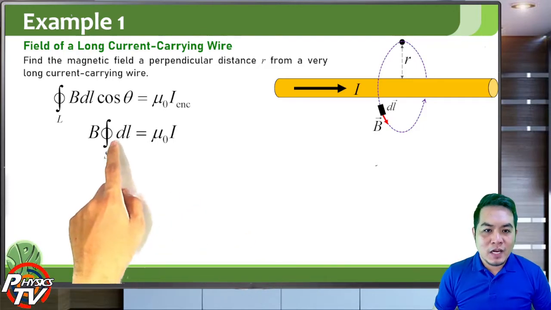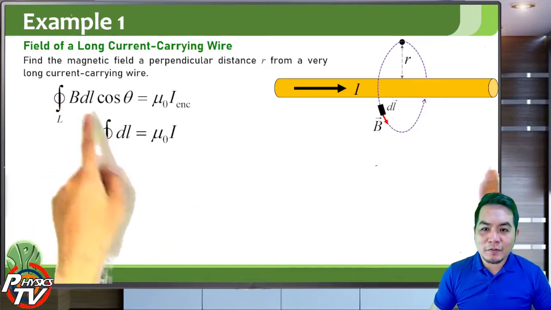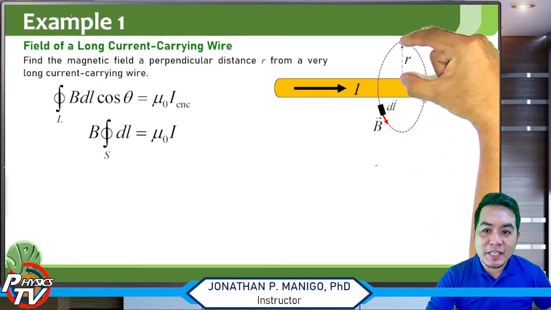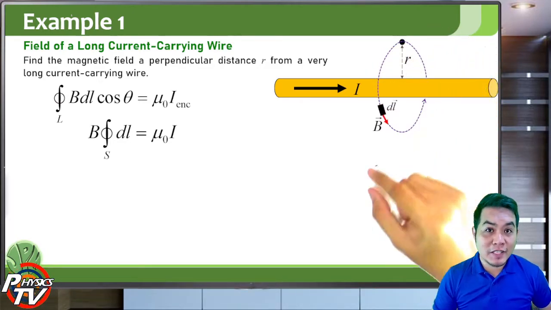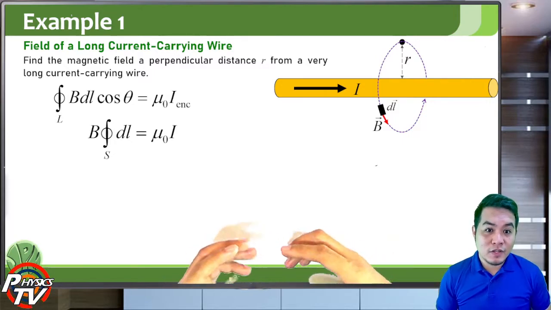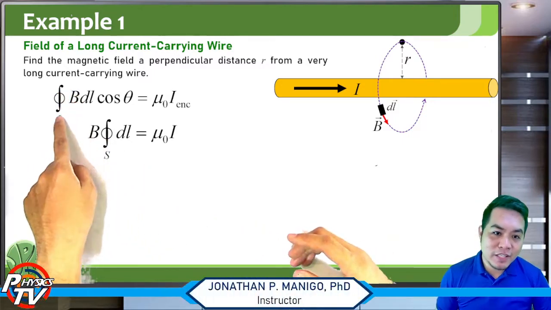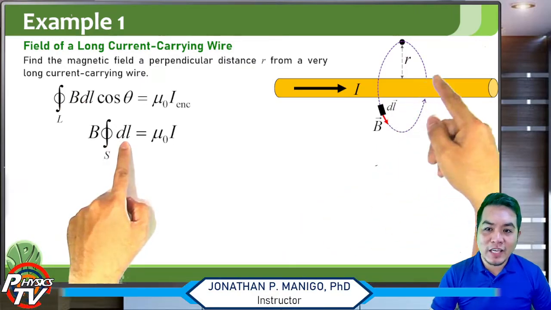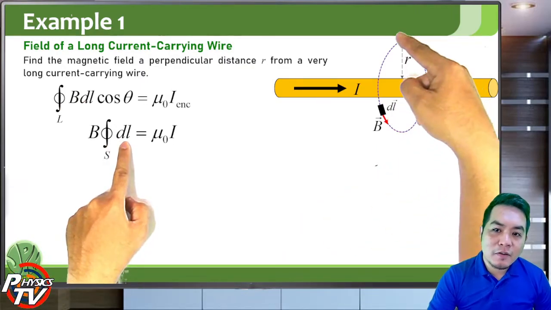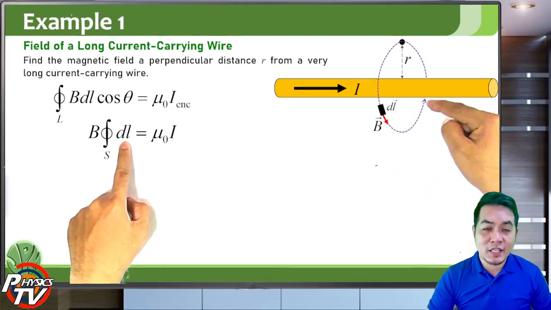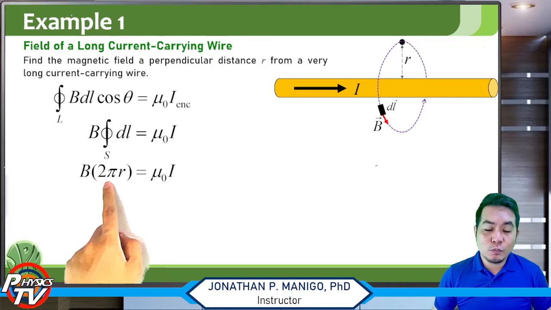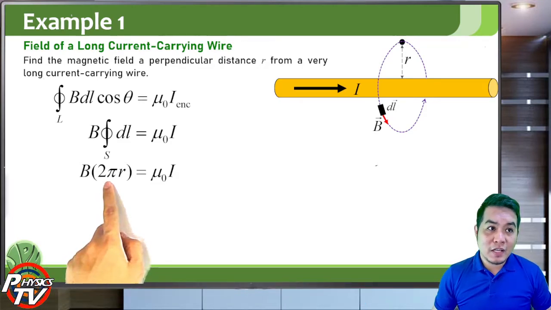And then what's left: since the magnetic field at all points on our Amperian loop are equidistant, we will assume that they have the same value. They're constant, so you can take the constant out of the integral, and you will just have the total integral of dl. The total integral of dl is just the total length of our loop, and since this is a circle, that is 2 pi r, the circumference of a circle.